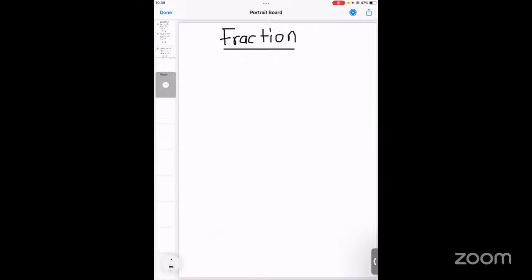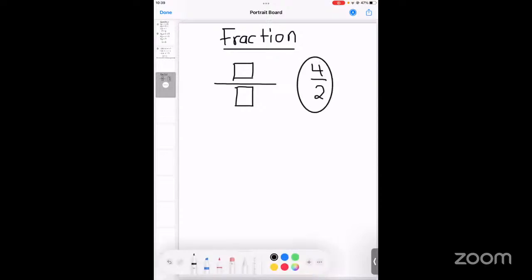So when it comes to the fractions, Manahil, a fraction is something that has this at the top over this at the bottom. This is a fraction. I'll give you an example, say 4 over 2. This is a fraction. So what is 4 over 2, Manahil?